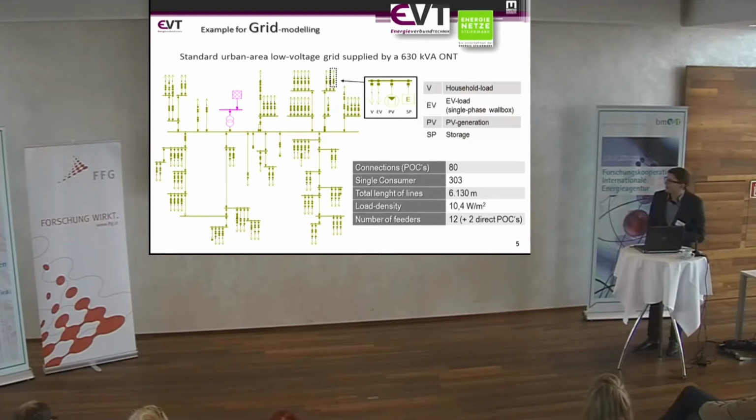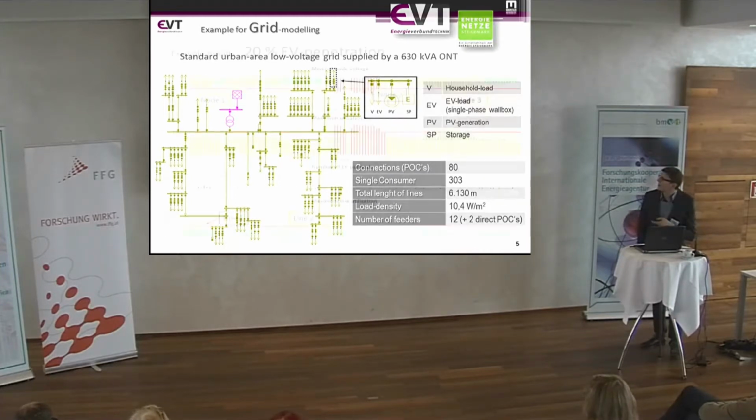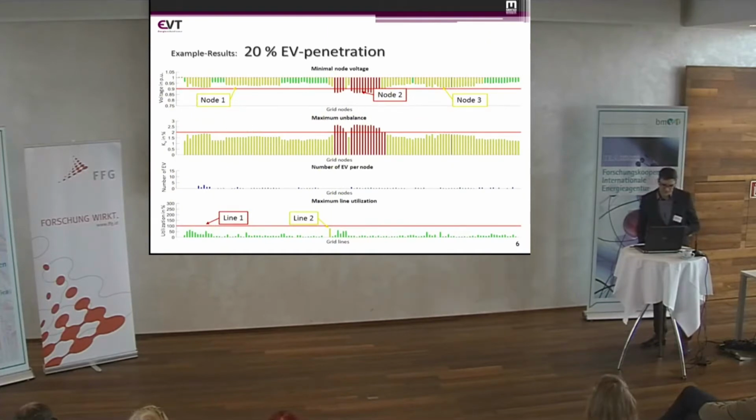We have, of course, generated lots and lots of results, and I will show you some, in my opinion, outstanding figures. This is the result for a, I would say, rather low EV penetration rate. 20% of the cars were exchanged into electromobility.